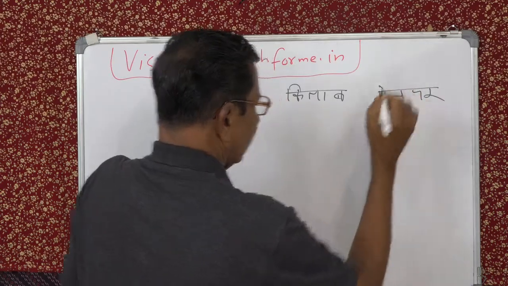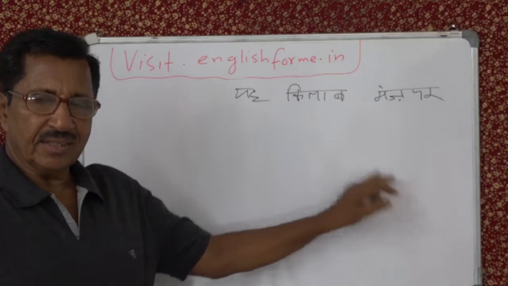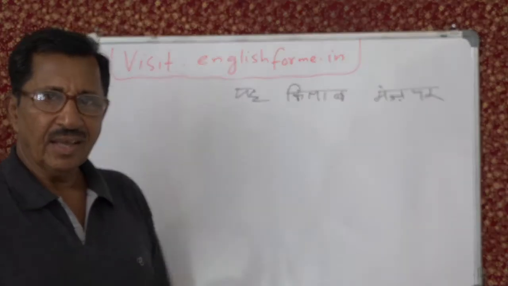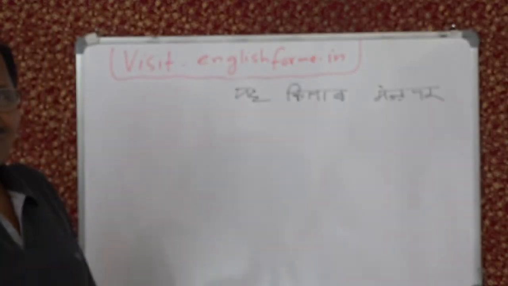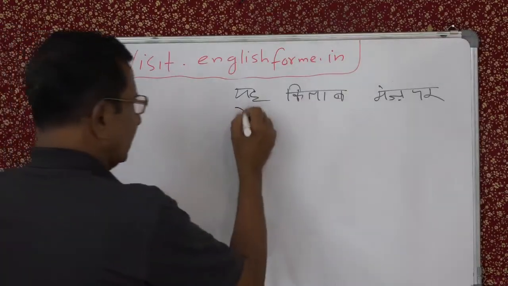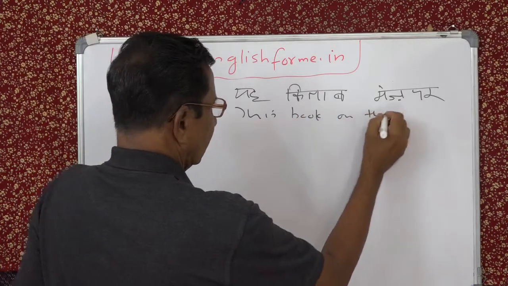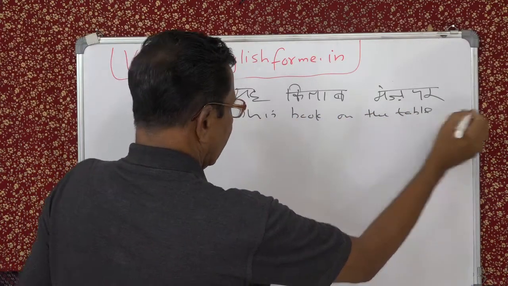Okay, you have a phrase like एक किताब मैथ पर means this book is on the table. This book on the table. The translation will be this book on the table.